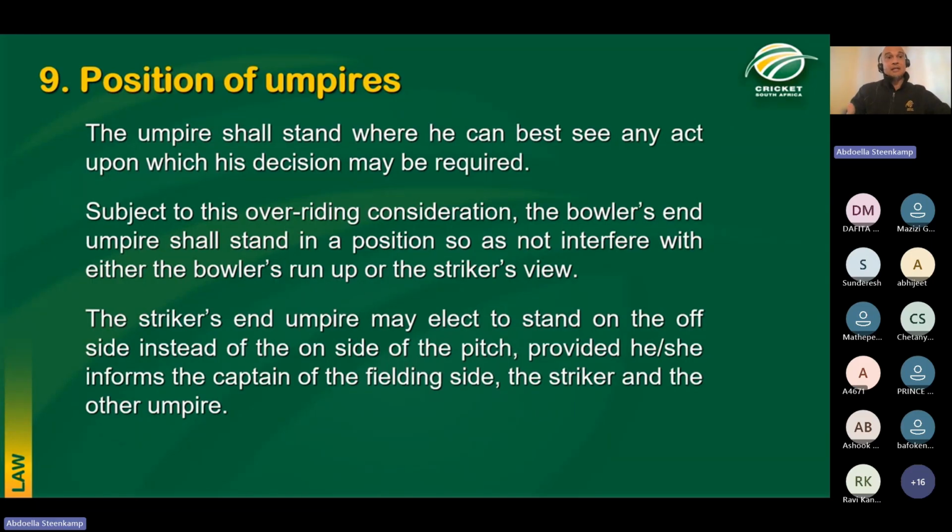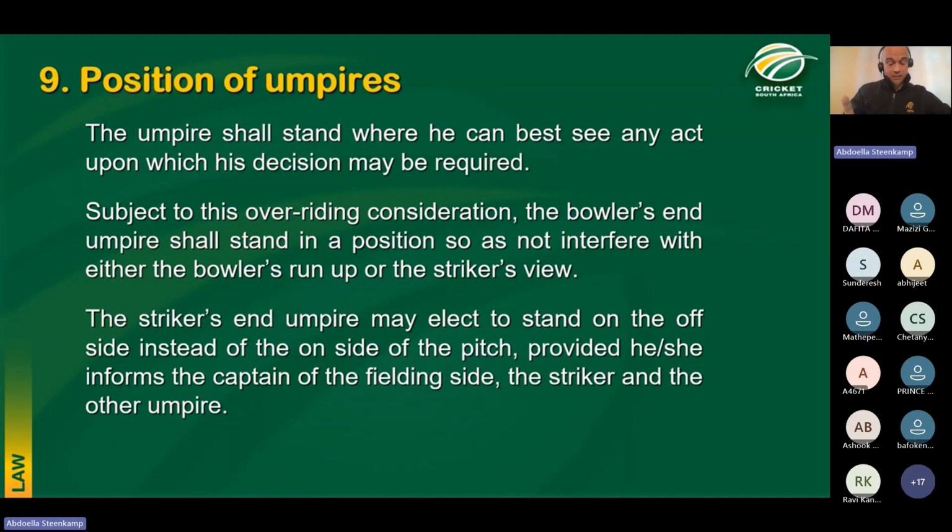What are examples of such instances? You can have fielders crowding the bat, short leg, slips, all fielding around the bat. The umpire on the leg side is not able to see the stumps or the popping crease. In that case, the law allows the umpire to go and stand on the offside.